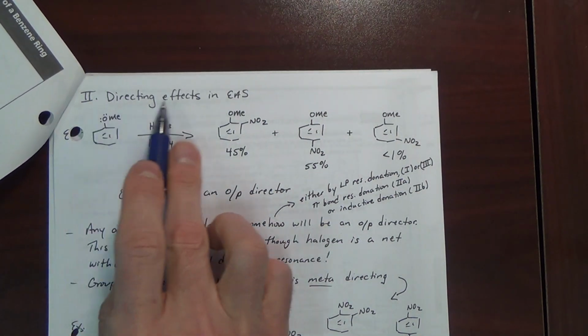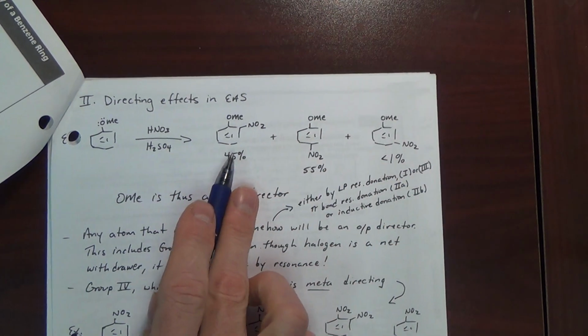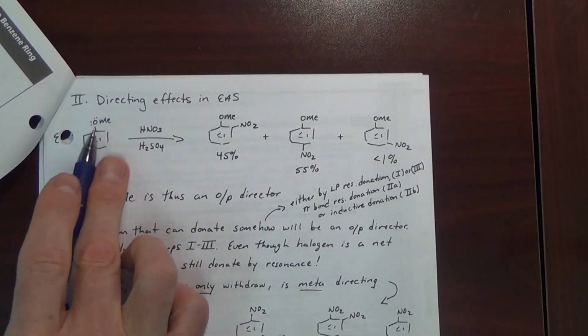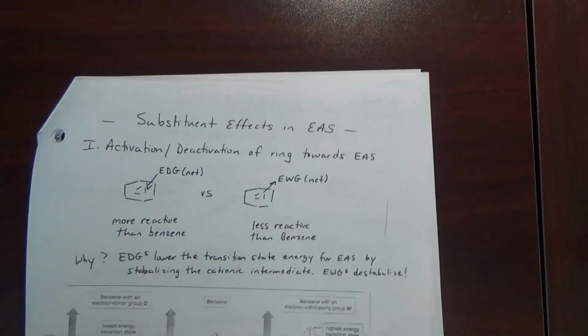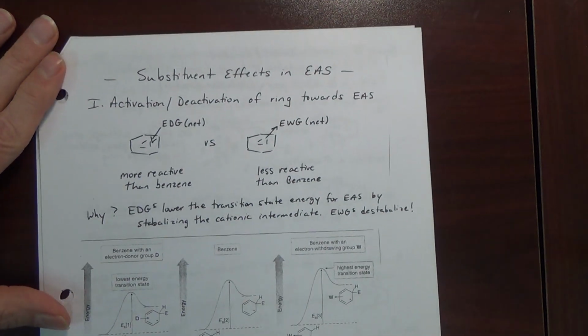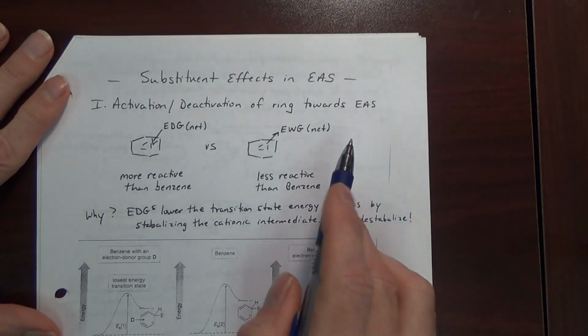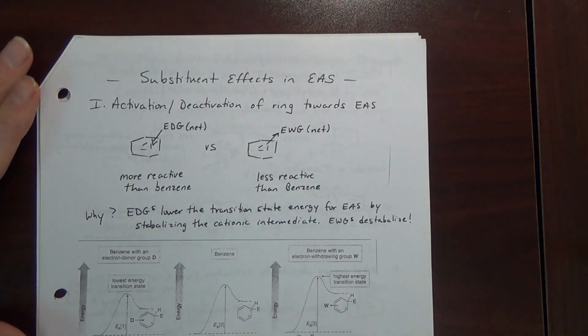That's actually going to be Roman numeral 2. Where's the new group going to go compared to the existing group in the starting material? But I see we're going to start with Roman numeral 1, activation, deactivation of the ring towards the reaction.